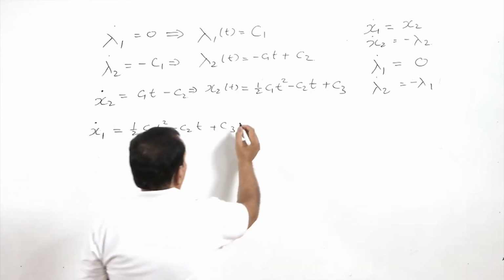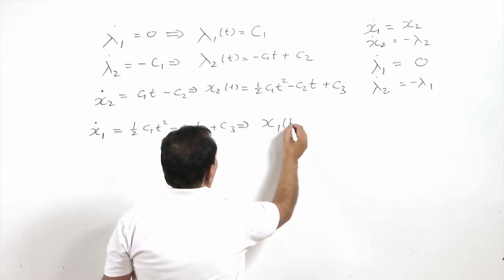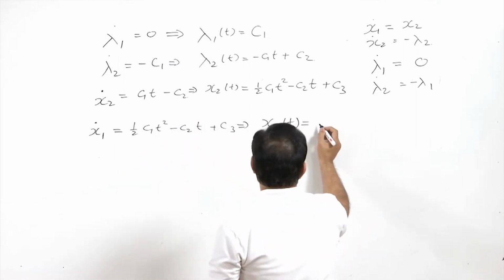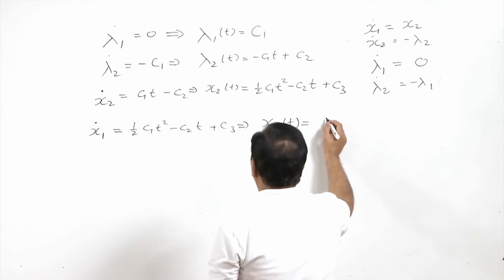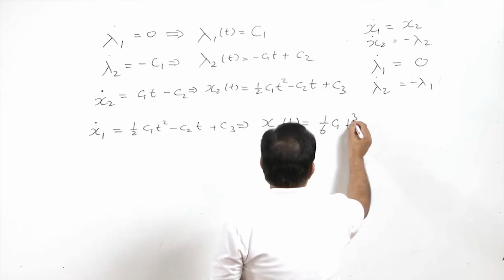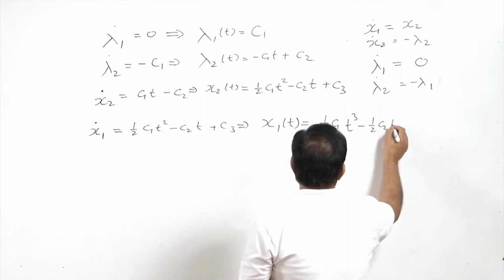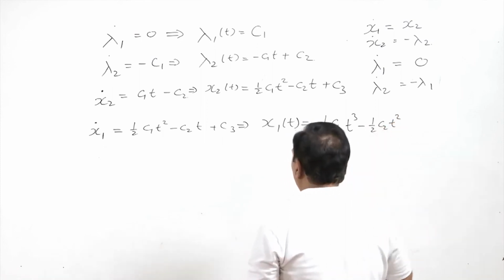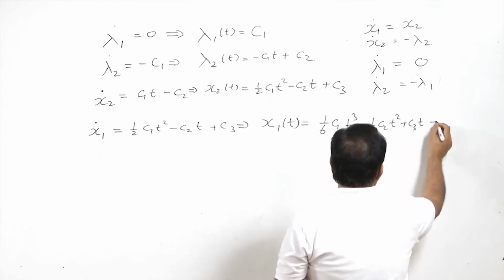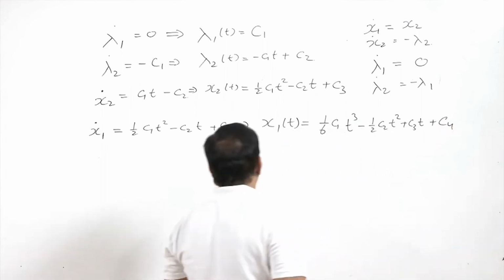Integrating this gives x1 t as 1 by 6 C1 t cube minus 1 by 2 C2 t square plus C3 t plus C4.